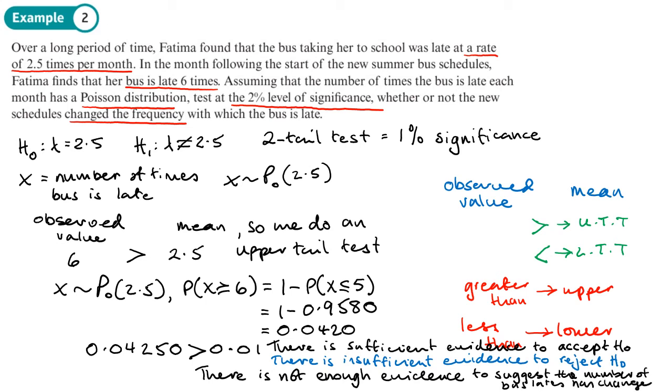Yeah, there's not enough evidence to say it's changed because we're accepting H0. So you might say something about the bus schedules or something like that, but we must have that conclusion at the end.